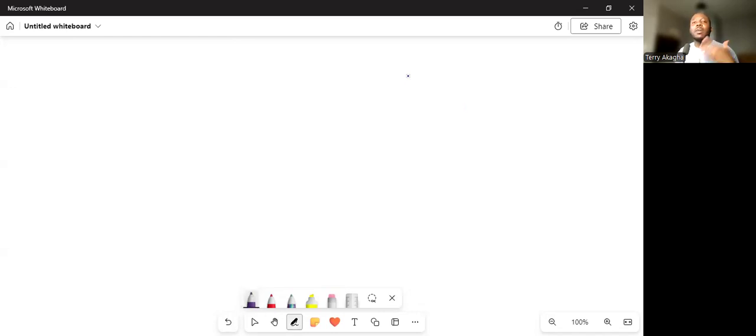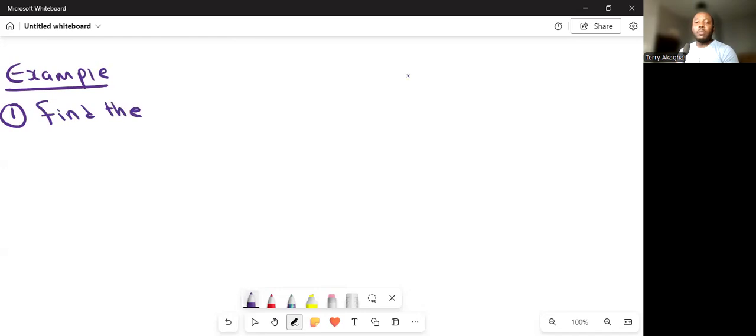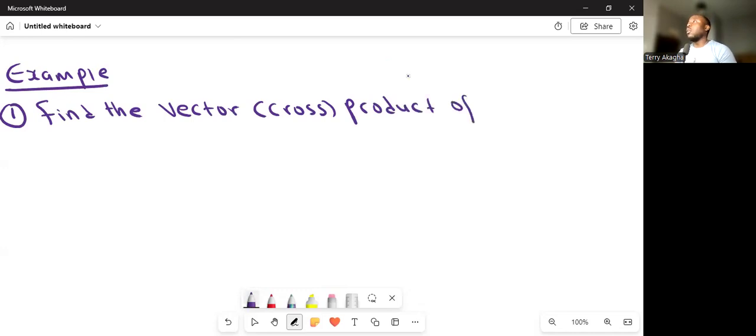Then we'll end up with something very simple. So let's pick an example. All right. So we have number 1, we're told to find the vector product. Some textbooks call it vector product, some call it cross product. So it's still the same thing. So vector cross product, okay, of the vectors below.